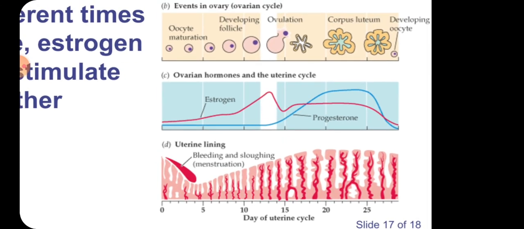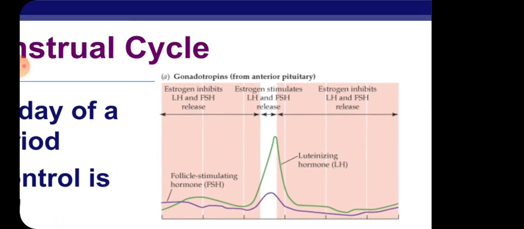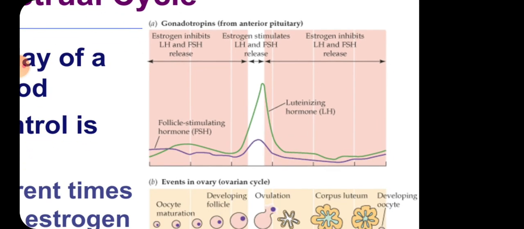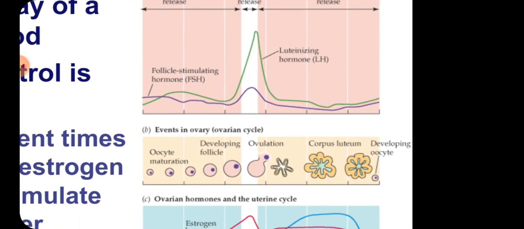Now here in this case you can see estrogen inhibits LH, luteinizing hormone, and follicle stimulating hormone release. Here the levels, again the green line showing the luteinizing hormone, are going down, and even the follicle stimulating hormone levels are going down.